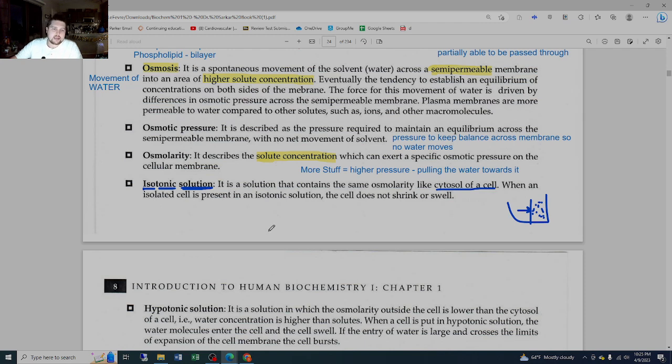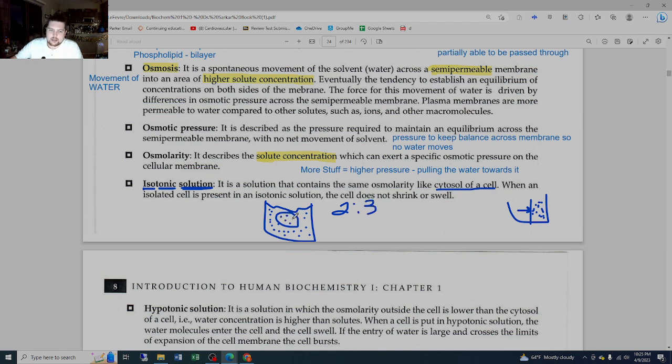So basically what that's saying, remember we talked about intra versus extracellular? So you have a solution in here, and the ratio between solute and solvent, so stuff to water, on the outside, let's say, is like a 2 to 3 ratio.